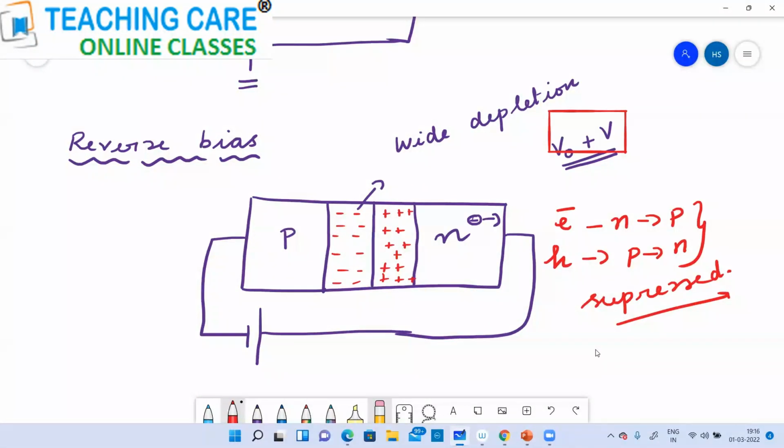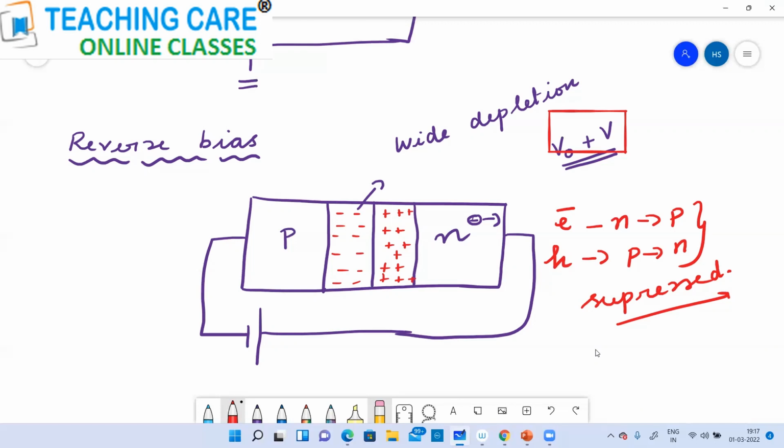This is the reverse biasing current, and when it crosses the barrier potential, we will see the graph now. First, you try to understand this. In the case of free electrons, have you written this one? The last paragraph, have you written?